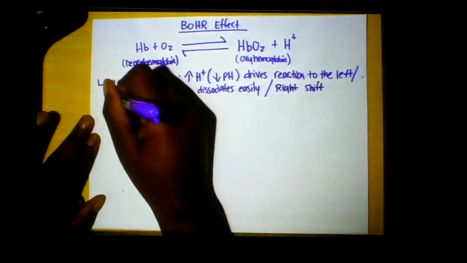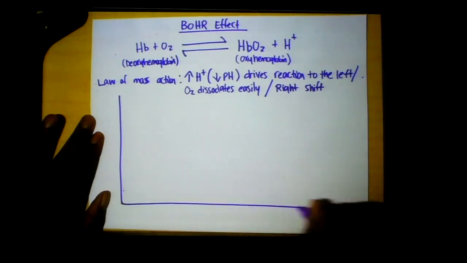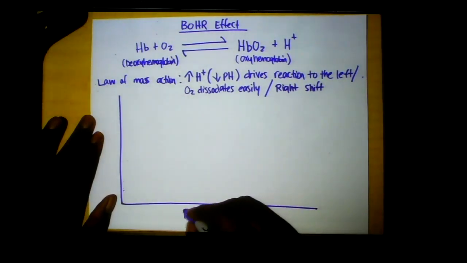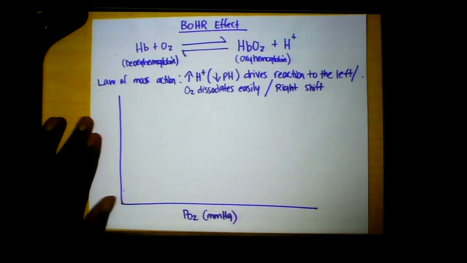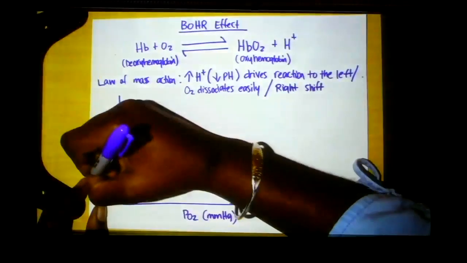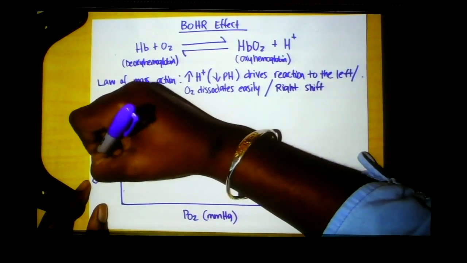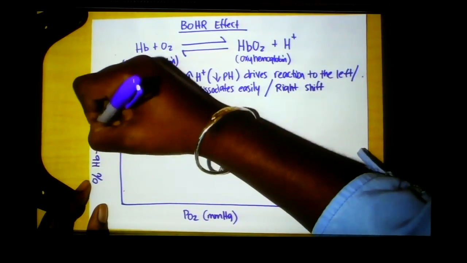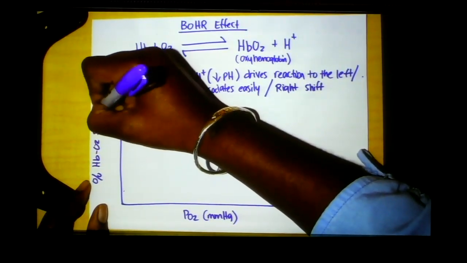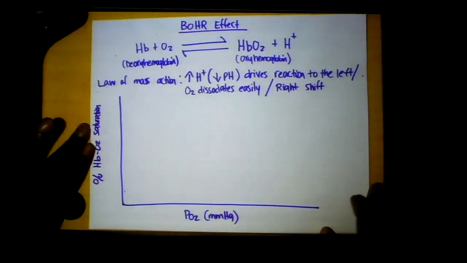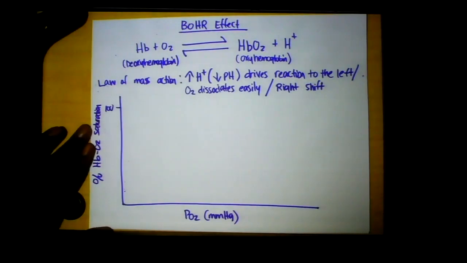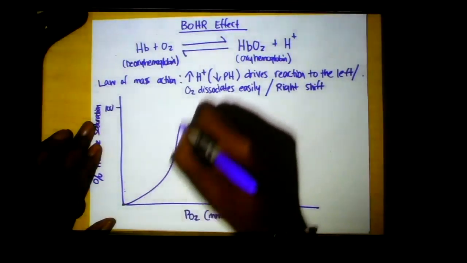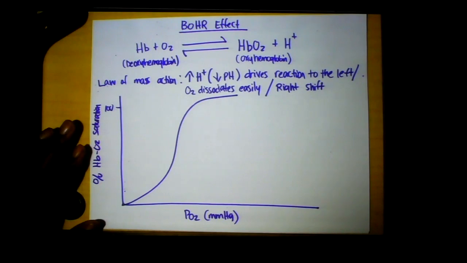Right? So let's draw this out here, kind of make more sense. So we've got our partial pressure of oxygen. We've got our percent hemoglobin oxygen saturation. Okay. We've got our standard sigmoid-shaped curve.